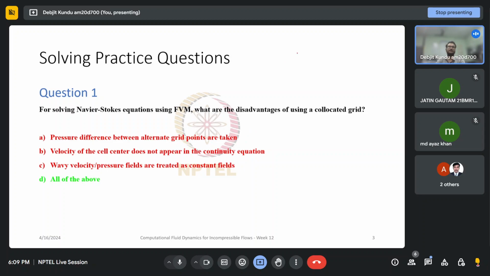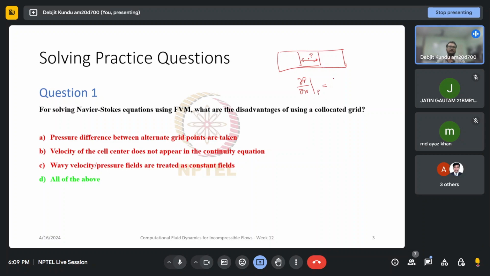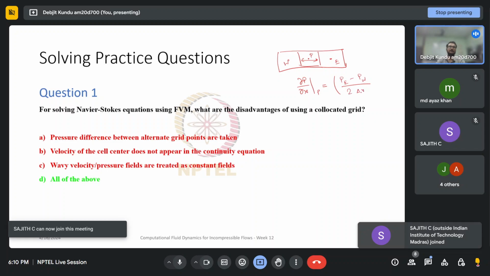So basically, if you are trying to find out the pressure difference across this cell, so ∂P/∂x at point P, if you're trying to find out, then essentially you will have to take (PE minus PW) by 2 delta x, if delta x is the size of the grid points.